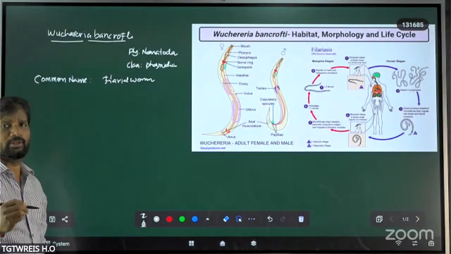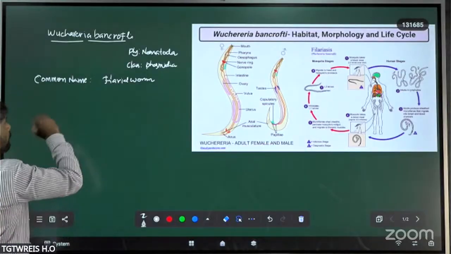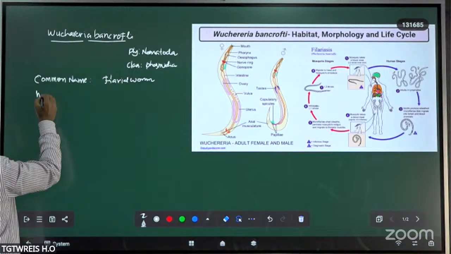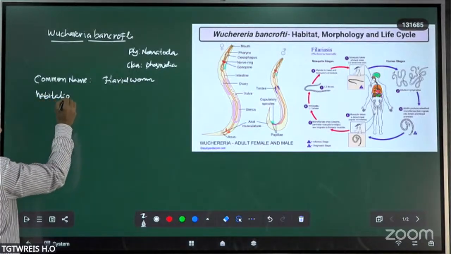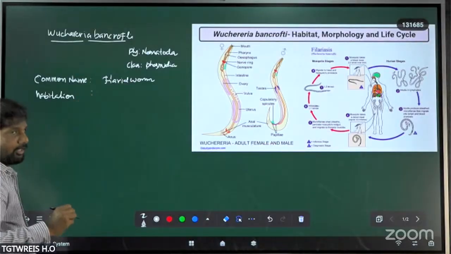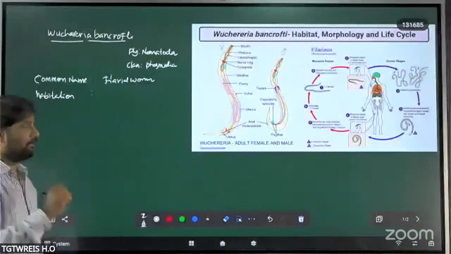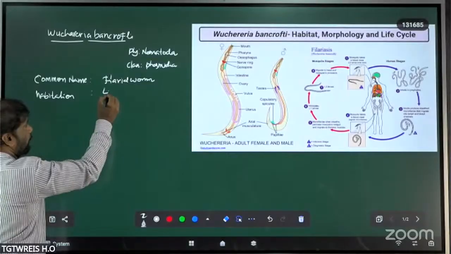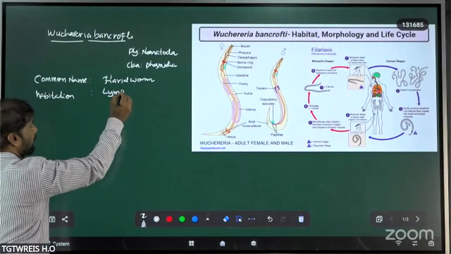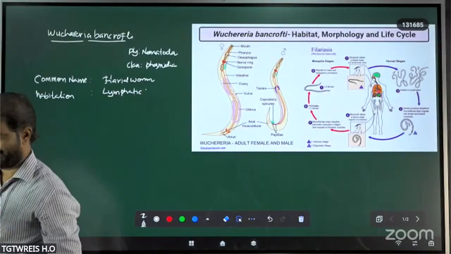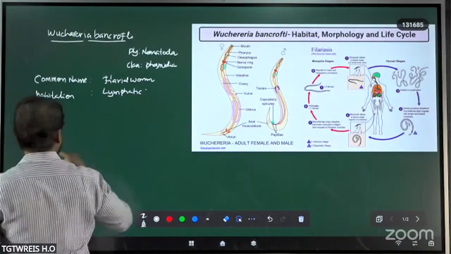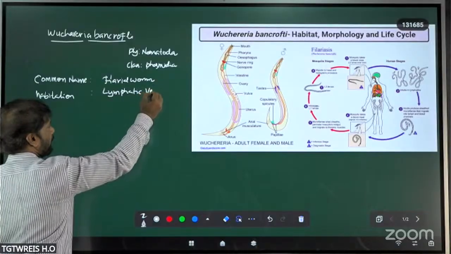What is the habitation of the filarial worm? In human beings, it is present in the lymphatic vessels. So the habitation of Wuchereria bancrofti is the lymphatic vessels.